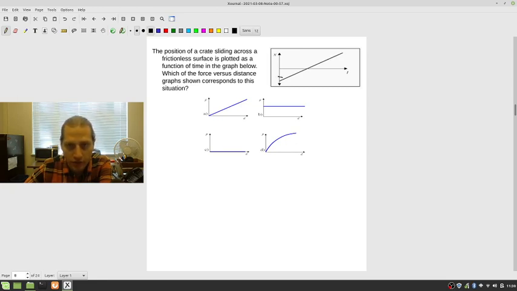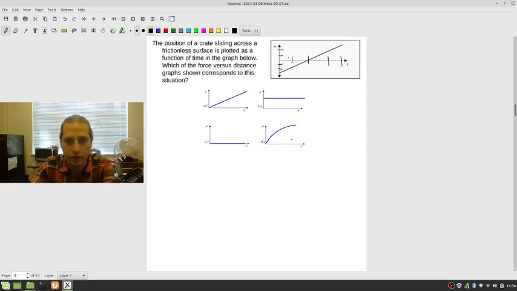It's moving the same amount of distance each unit of time. Now, the question is, which one of the force versus distance graphs shown corresponds to it? Is the force getting bigger? Is the force staying the same? Is the force 0? Or is the force increasing and then tailing off?